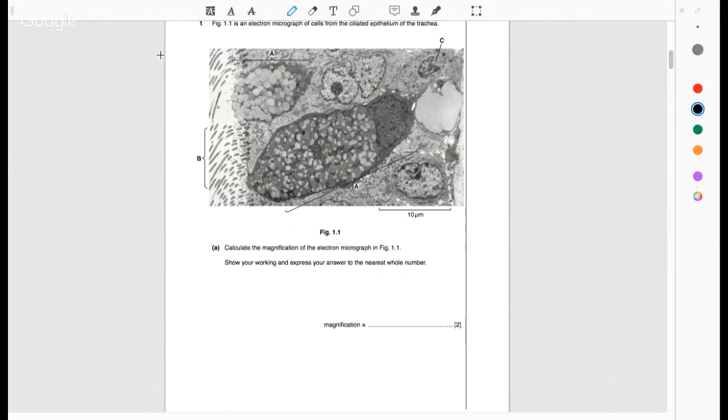Mucus is a sticky substance which traps pathogens and prevents them from entering the circulatory system.